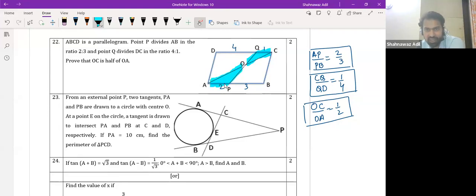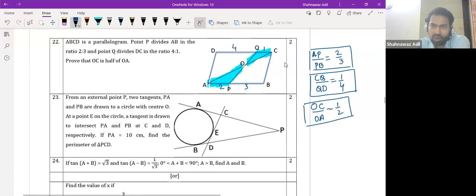Then you can find the relation between AP and QC, and then you can write. So did you guys understand that? Yes? Is this clear, guys? Yes, sir.